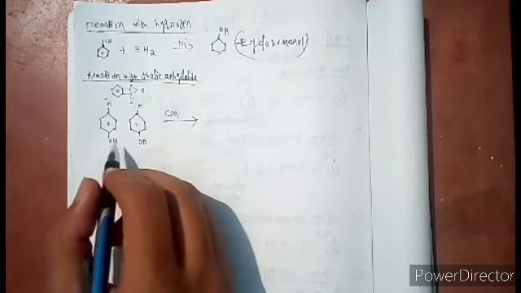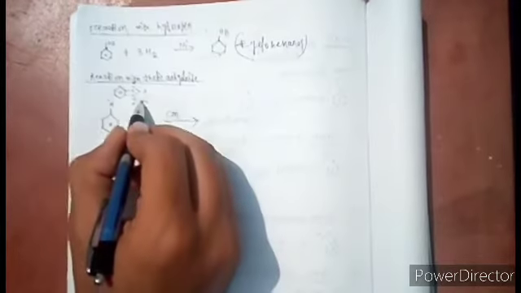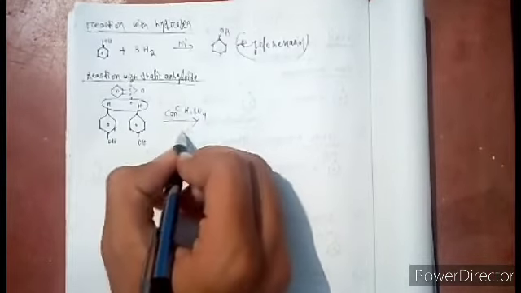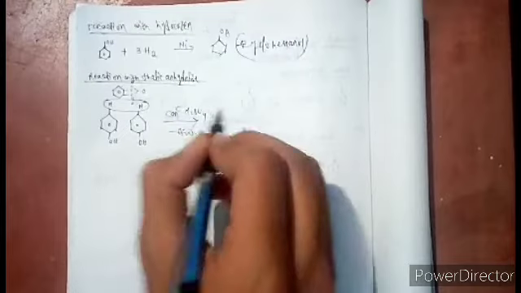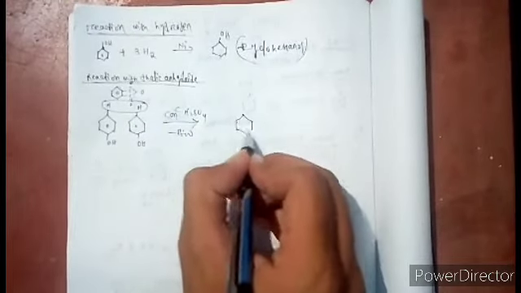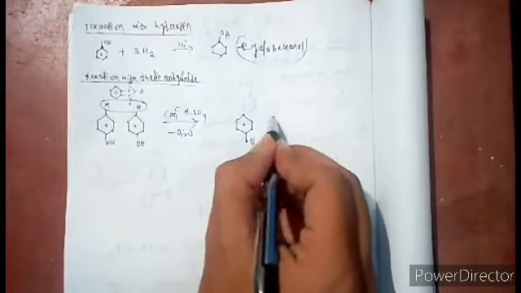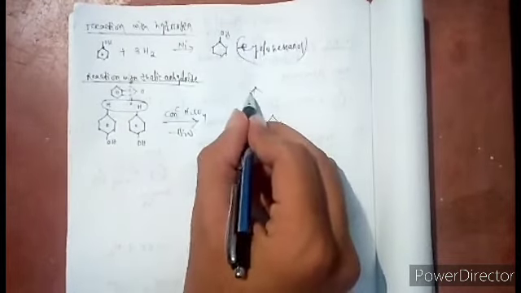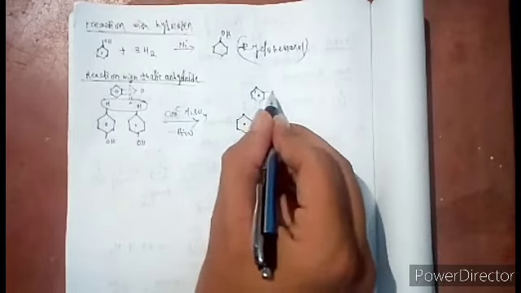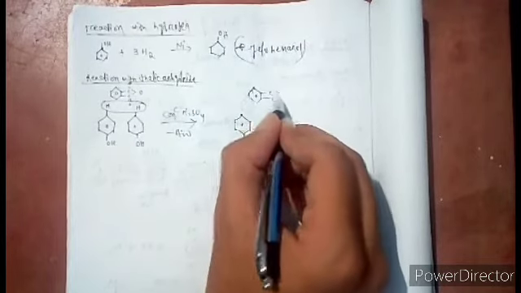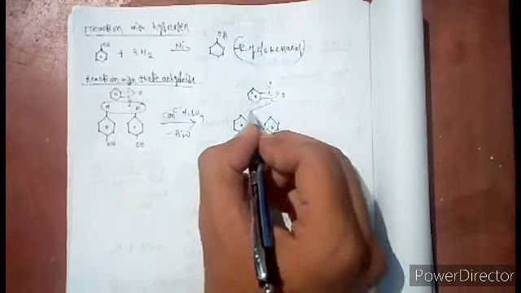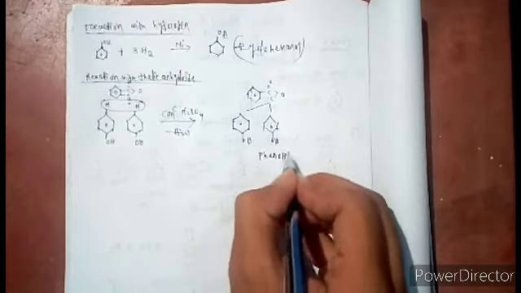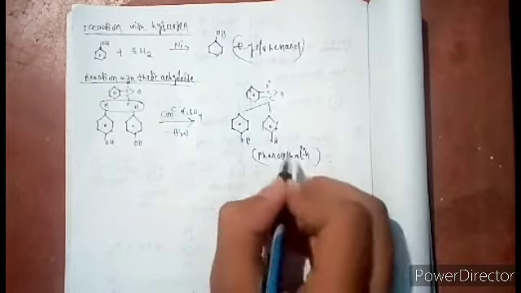Phenol reacts with phthalic anhydride in the presence of concentrated H2SO4 with the removal of water, resulting in phenolphthalein.